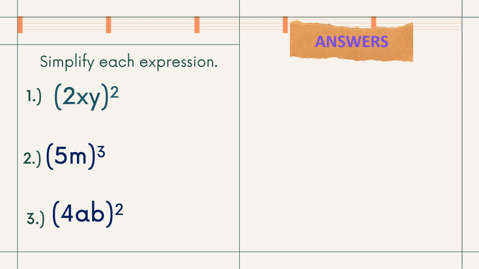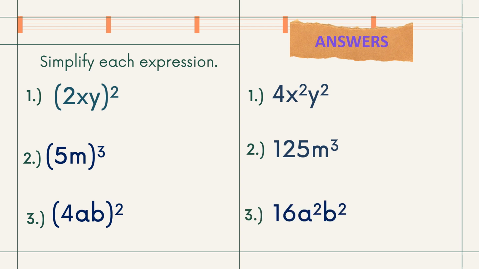The answer is equal to 4x squared y squared. How about number 2? Alright, this is equal to 125 m cubed. What is your answer for number 3? Yes, 16a squared b squared.